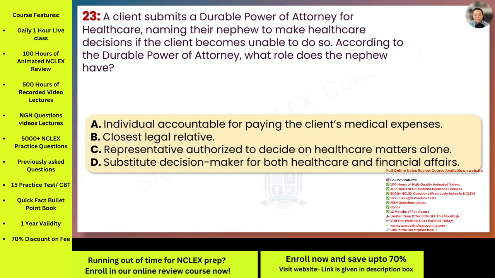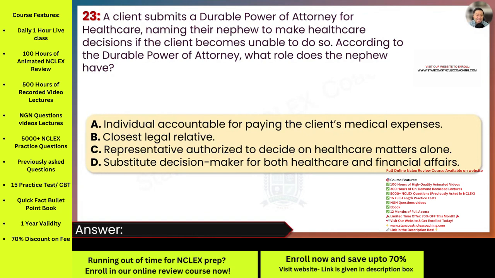So this question is testing your understanding about advance directives, surrogate decision makers, and legal responsibilities when the client cannot make their own healthcare decisions. And so the answer here is letter C. Why?